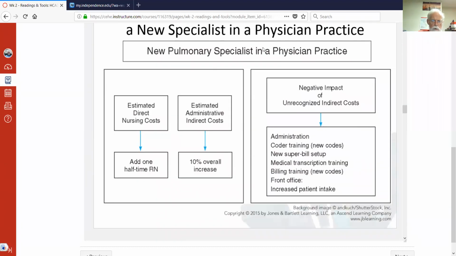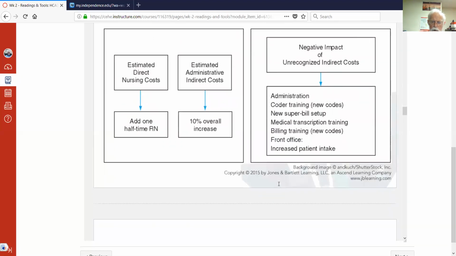Here's an example of adding a physician to a practice. We're estimating that we have to add a half-time RN. We're estimating that we're going to have a 10% overall increase in indirects. The negative impact of unrecognized indirects is a list of things that might be required.